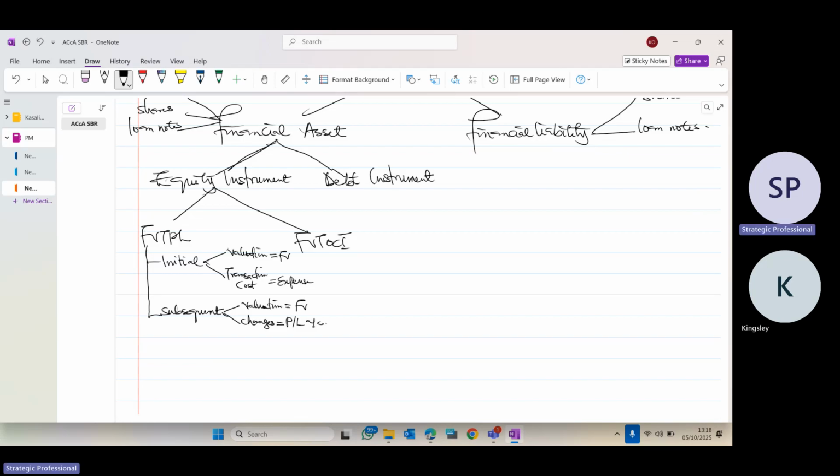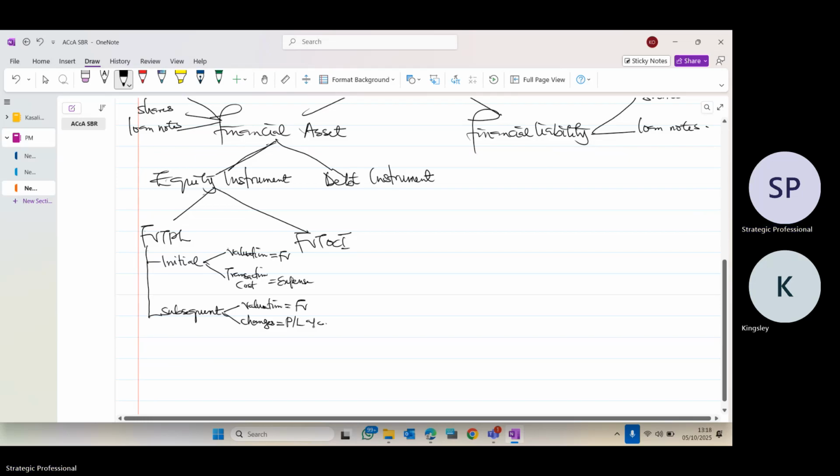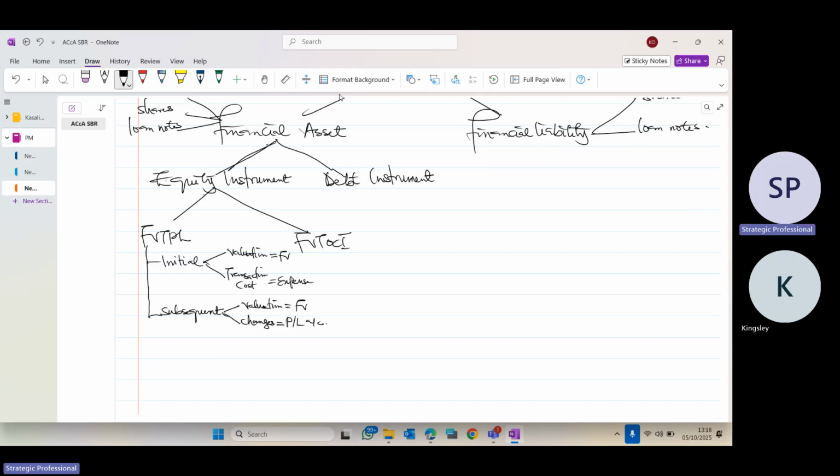Having said that, for fair value through OCI, at initial, the valuation is also going to be the fair value plus any transaction cost. Transaction costs are incidental costs.